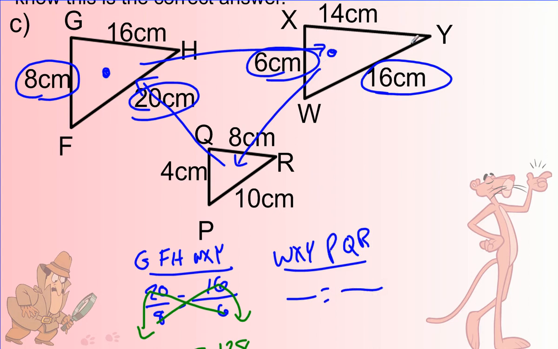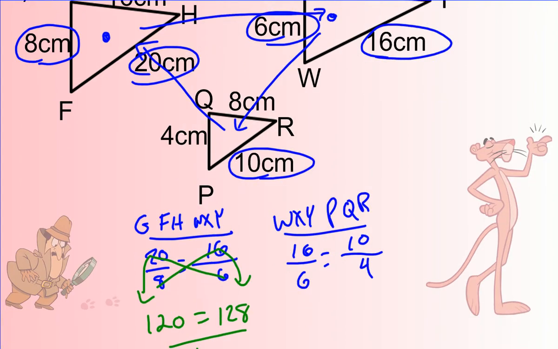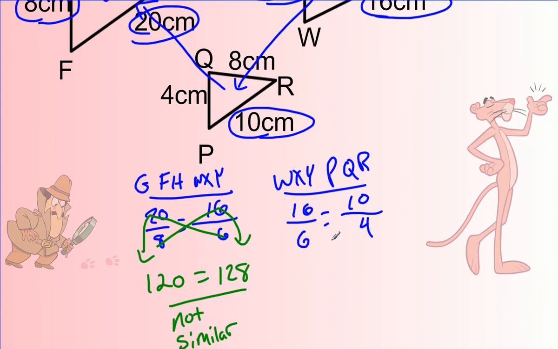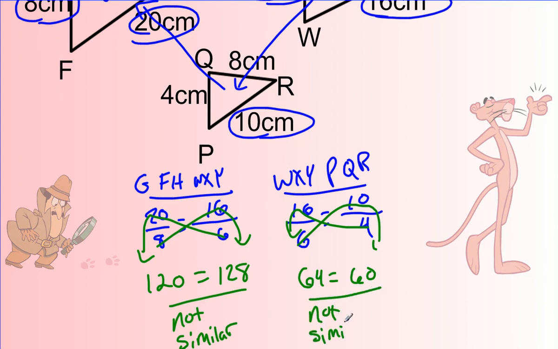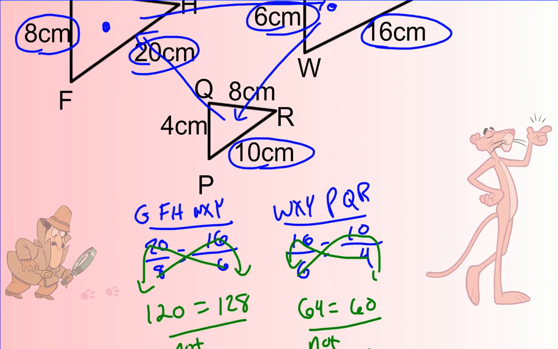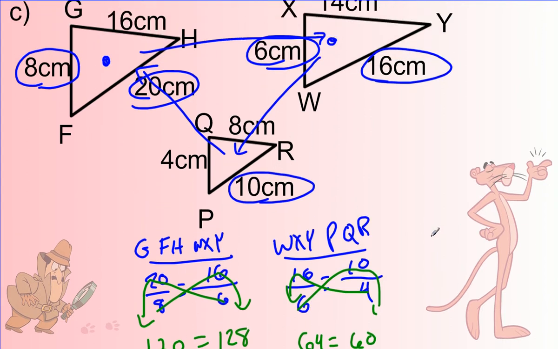So from WXY, I'm going to start with 16, which corresponds to 10, and 6 corresponds to 4. Cross multiplying here, 6 times 10 is 60, 4 times 16 is 64. No good. Not similar. Which hopefully means it's the last two.